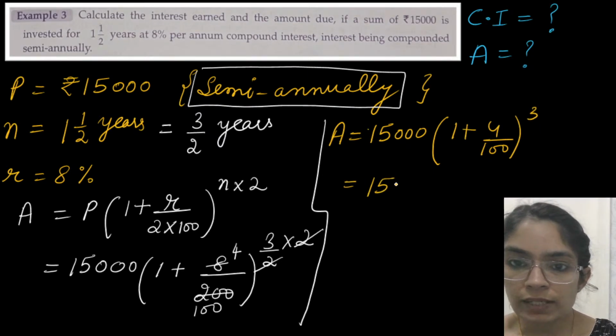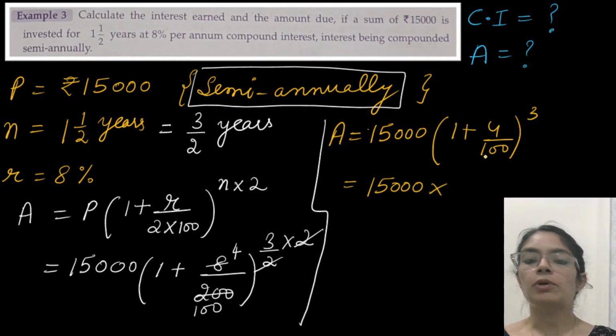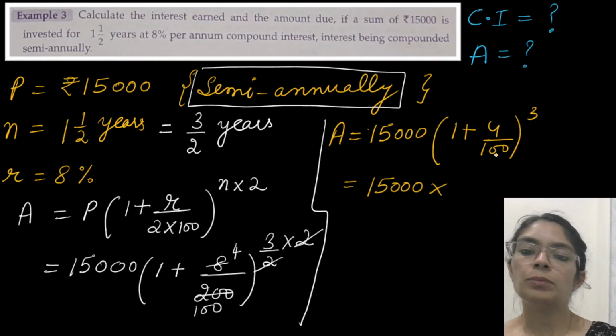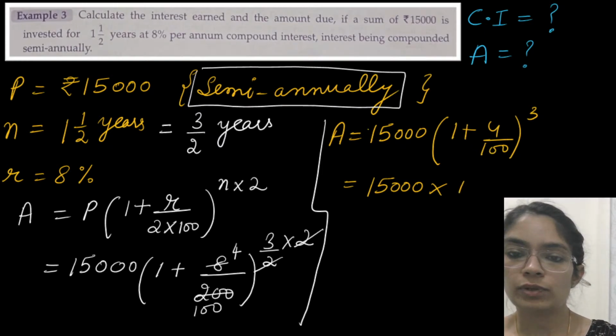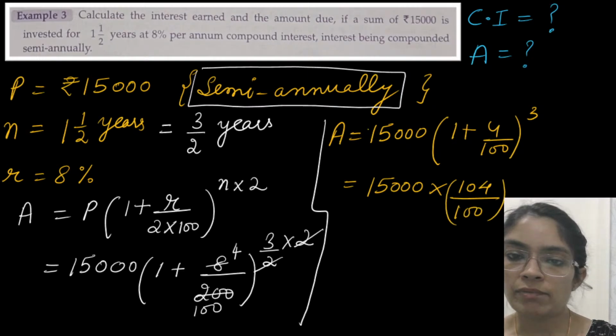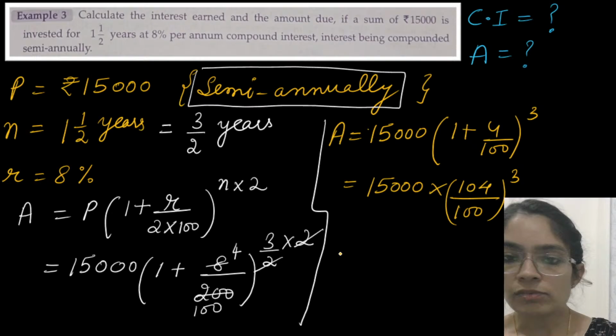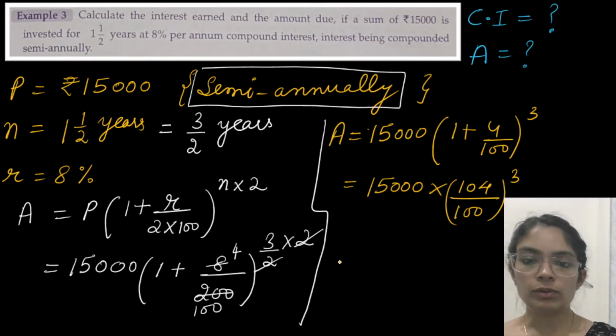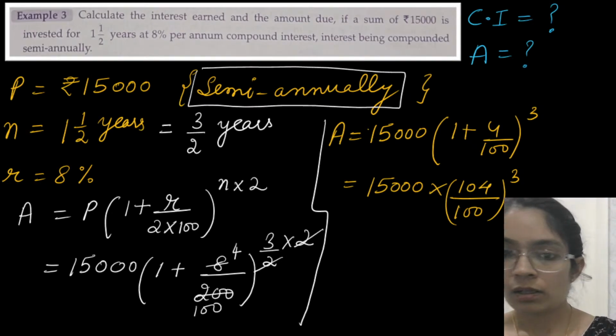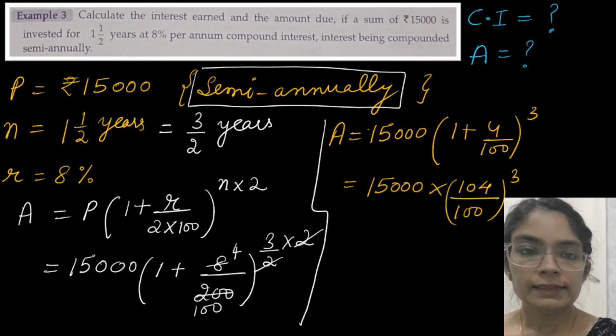Same concept here also will apply: add numerator and denominator. So 100 plus 4 is 104, 104 by 100, power 3. As of now, don't do any cancellation.